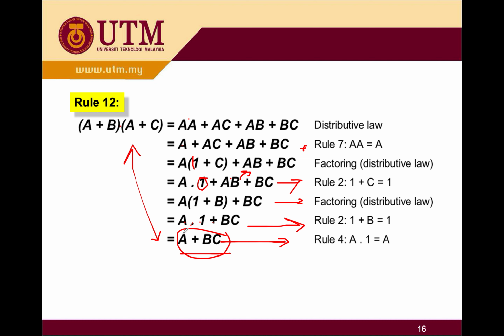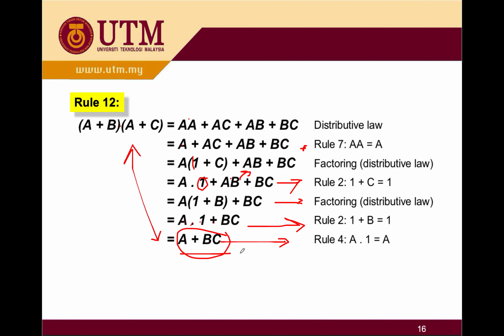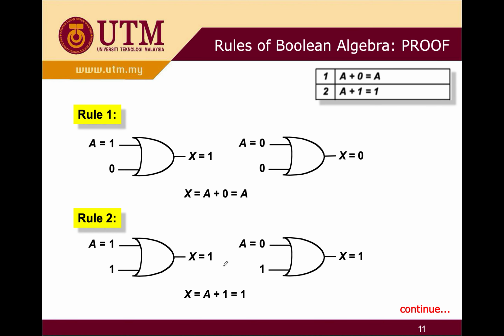So it's not just having a simple equation then you can get the answer, how to prove it, etc. You need to become familiar with all the equations, and there is a possibility for you to get any of them as the answer. Maybe I will give you an extra example of how you can get and prove from the input and also the output. So that's the 12 rules.